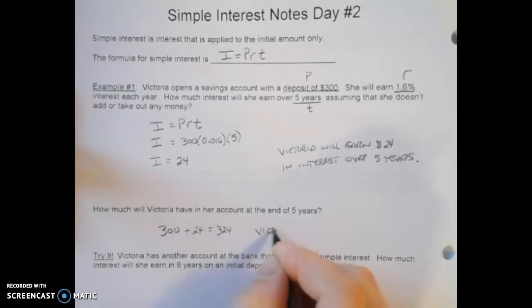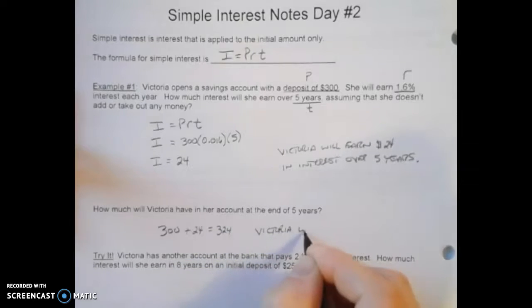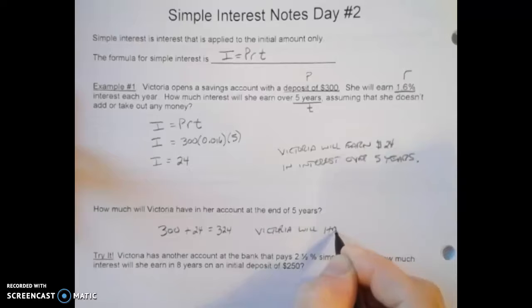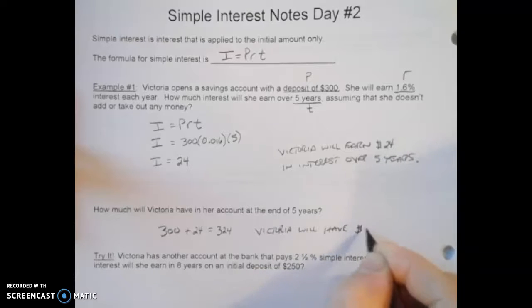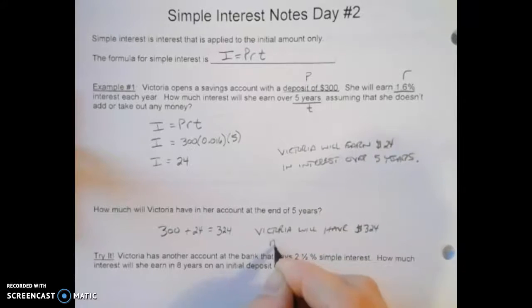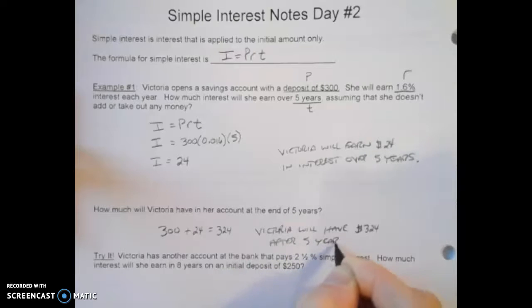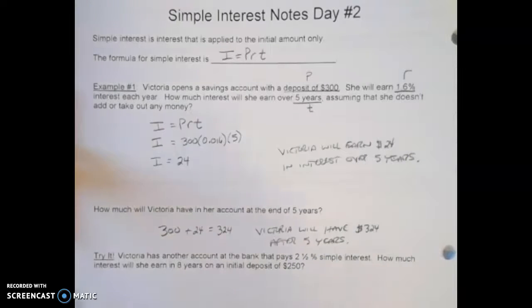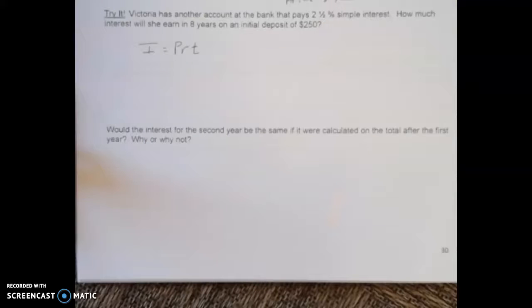So Victoria will have $324 after 5 years. Just take the principal and add the interest, and that's how you figure out the total in the account at the end of the 5 years.